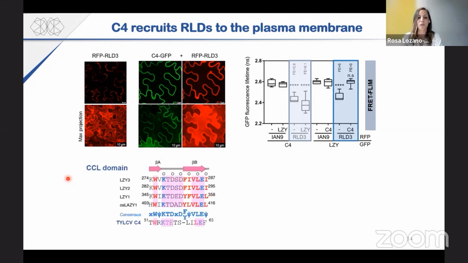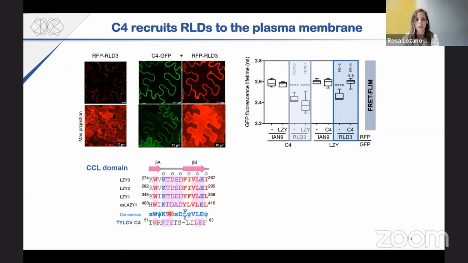And I will not go into detail for the sake of time, but I can tell you that the interaction between C4 and the RLDs depends on the BRX domain on the RLD side, and on this domain here on the C4 side. This domain, as you can see, is very similar to the described CCL domain in LAZY proteins, which is indeed the domain that mediates the interaction with the RLDs.